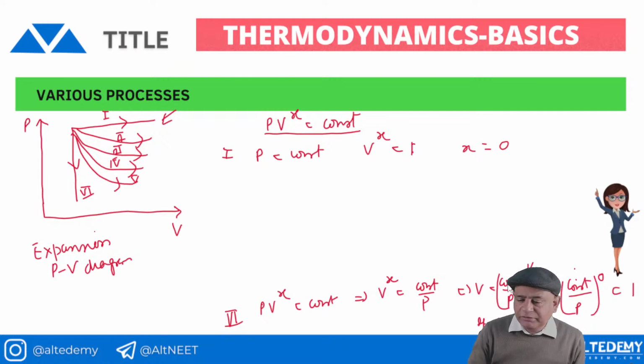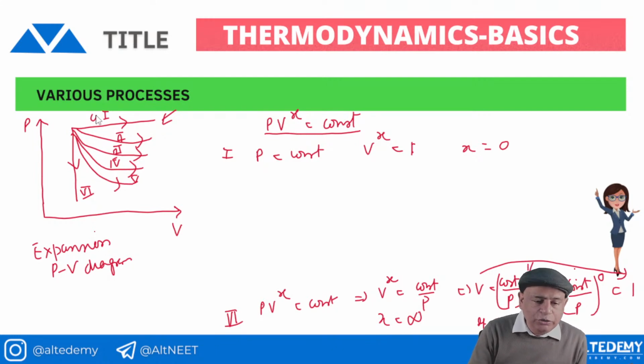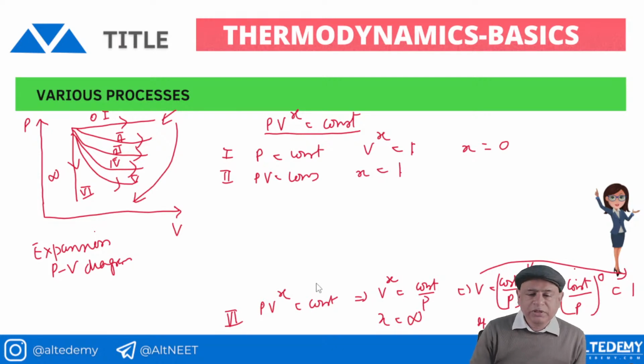And now we can say V is equal to 1 and it is a constant situation. That means in this situation x is coming to be infinity. So notice it, this value of x is increasing from 0 to infinity in this process when we are moving this way. The second one is basically PV equals constant, where x has a value of 1, which is called the isothermal process.